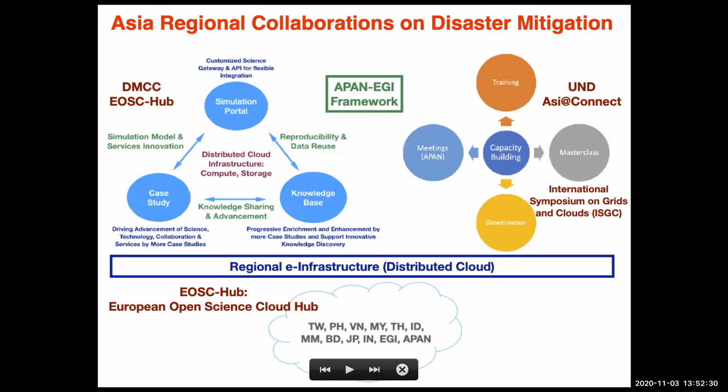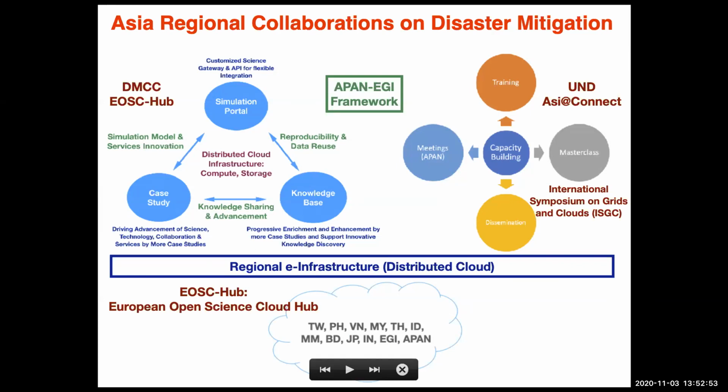Because Asia is the most disaster-prone region in the world, together with 10 Asian countries, as in the slides, the Disaster Mitigation Competence Center has been focusing on capacity development for disaster mitigation based on the deeper understanding approach since EGI-Engage in 2015.